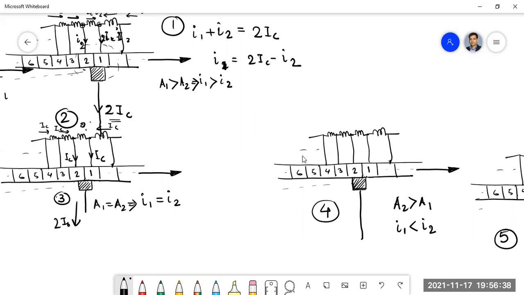Now here we have current in this direction IC, here also IC, and here also IC in this way. But what about the current flowing here, where you have I2? Here we have 2IC minus I2. Here 2IC. What about the current in the coil undergoing commutation?